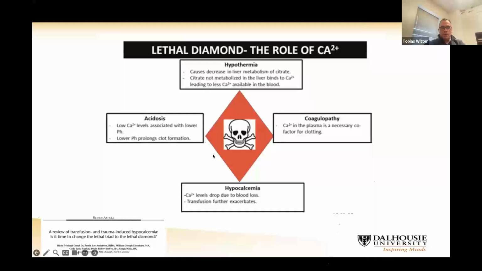We need to really pay attention to our calcium levels during these resuscitation phases, so that we don't deplete the storages of calcium, because many of the blood products we give have citrate or EDTA in them, which are calcium binders. So they take calcium out of the circulation, and therefore our clotting cascade can no longer work.